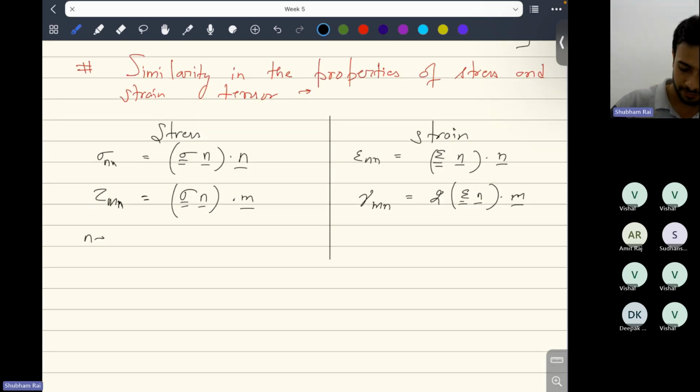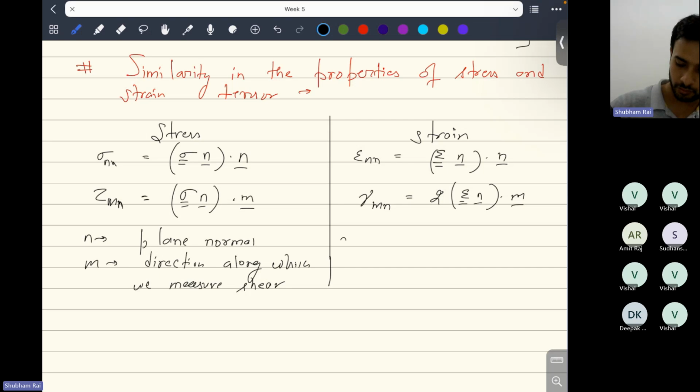So let me just define. n is the plane normal, m is the direction along which we measure shear. And here also we have n as the direction of line element. Here the meaning is different.